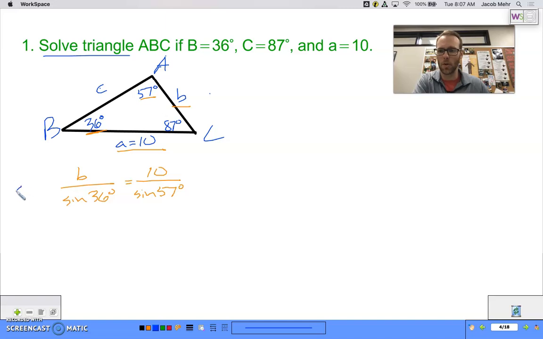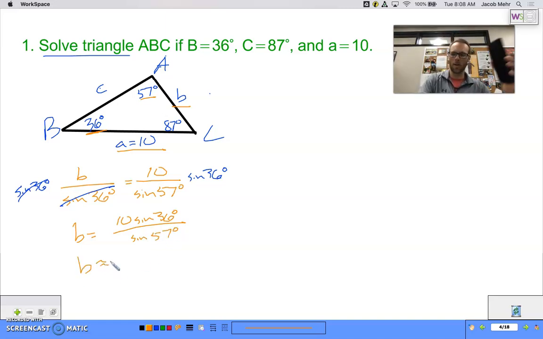All we have to do is multiply by the sine of 36 degrees on both sides. And we get B equals 10 times the sine of 36 degrees over the sine of 57 degrees. Okay. And I'll just grab my calculator.